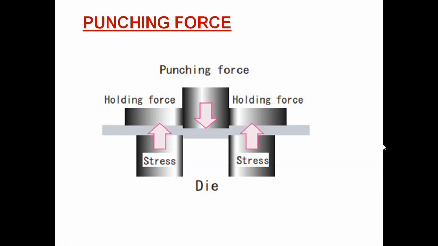Punching force. If any object suddenly drops on any platform, there creates a punching force. So you can see in this figure, this acts as a punching force and these two are holding forces.